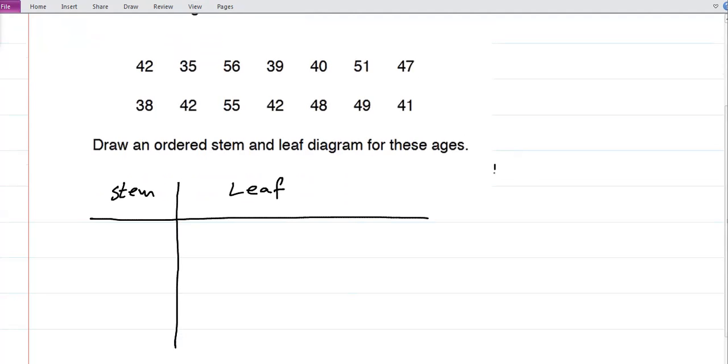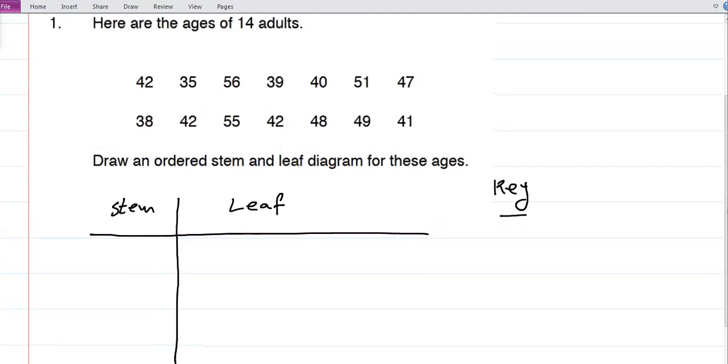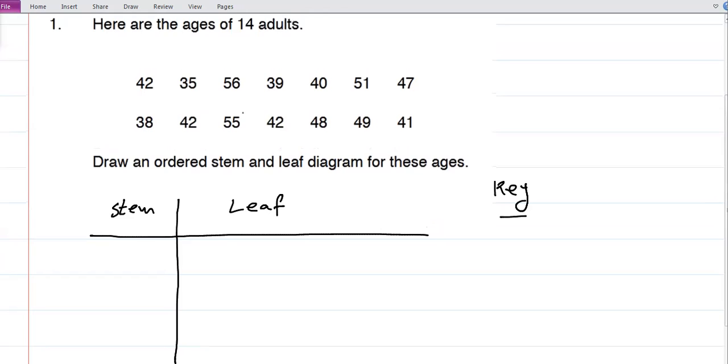Then for making the stem and leaf diagram, you always need a key. In this data, all the numbers are 2-digit numbers. So in a 2-digit number, of course, the one on the left side is the stem and the one on the right side is the leaf. You can choose any number, let's say 49.